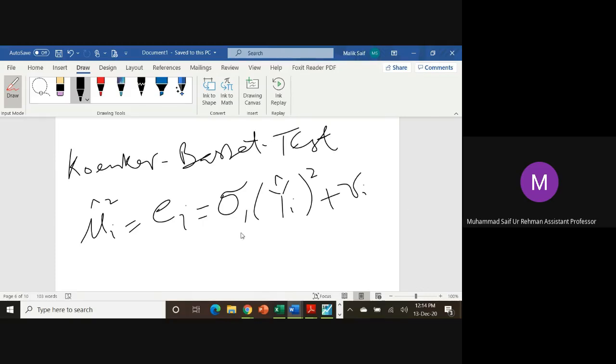You are going to regress. There is no intercept term. Simply the slope coefficient is there, and you have to regress ei square on yi hat square. So let us see what happens in this case. Yi hat square is required.